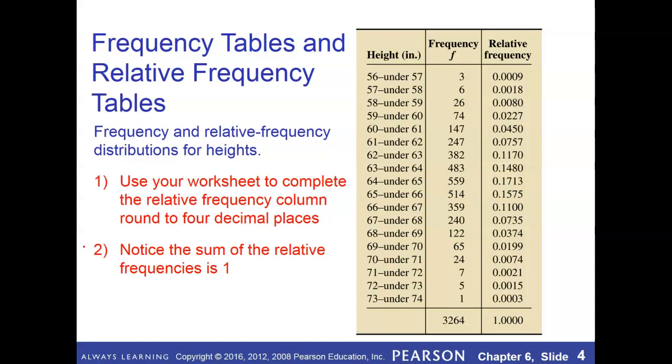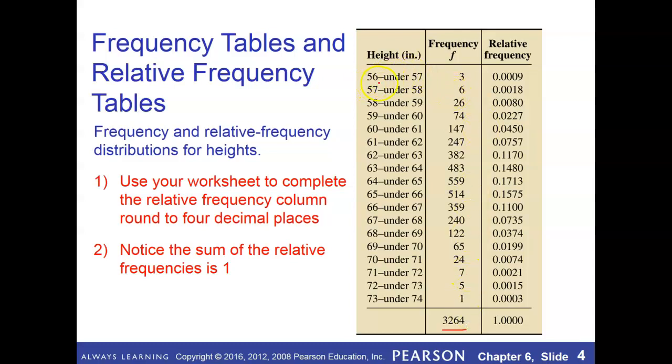I want you to start by taking a look at this frequency table and the relative frequencies that go along with them. So if we take a look at a bunch of people's heights, maybe this is at a college, or it could be people at Homestead, although there are a total of 3,264 people, and we have their heights.